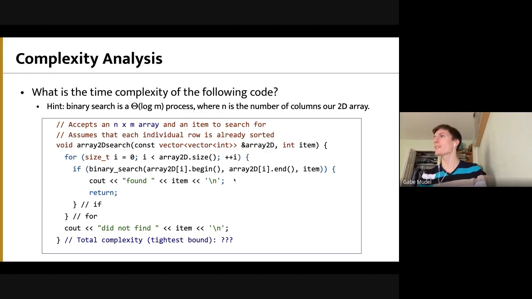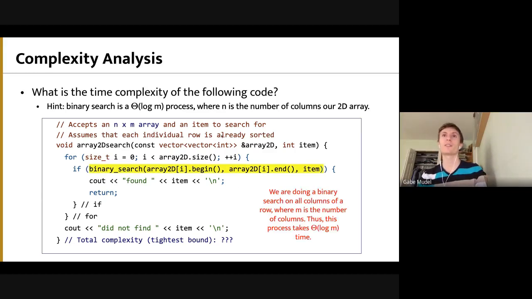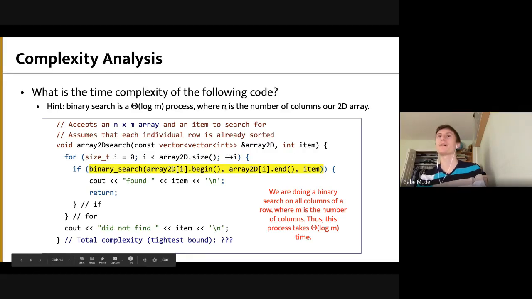It looks like all the answers that you guys put down are correct. So this is a binary search. It's a log of m algorithm. Oh shoot, this should be an m. I'm sorry about that typo. So the binary search is going to take O of log m time.